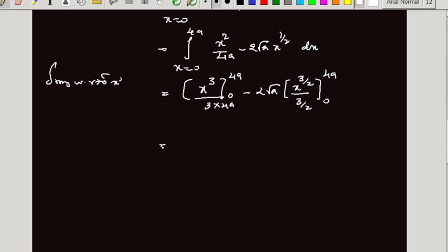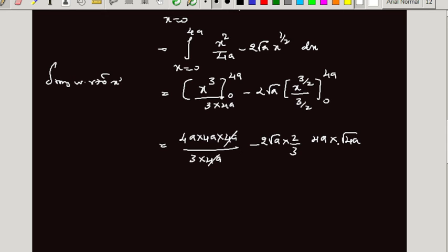Now we apply the upper limit. 4a power 3 divided by 3 times 4a, so we can cancel one 4a, minus 2 root a. If we reciprocal this one, we get 2 divided by 3. And here if we apply this 4a, we can write it as 4a into square root of 4a.